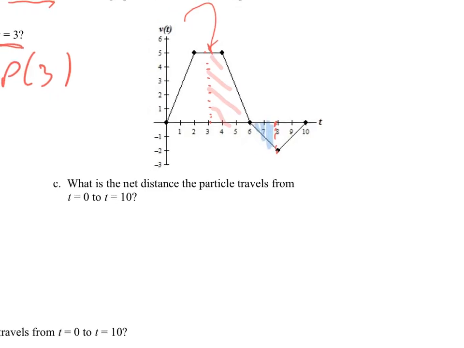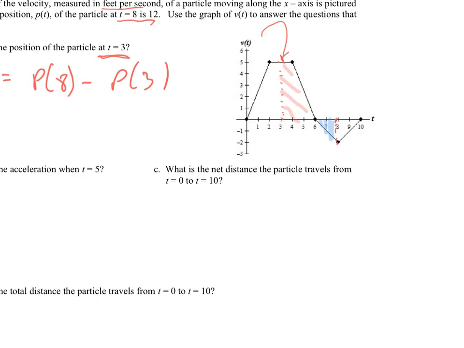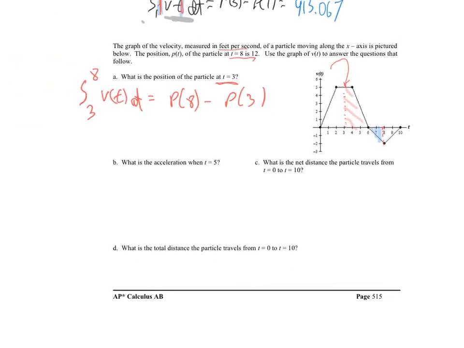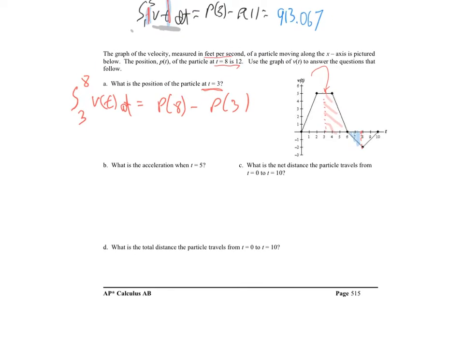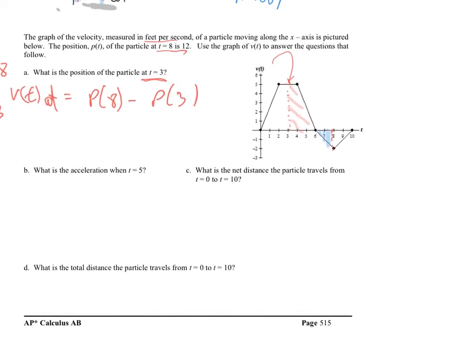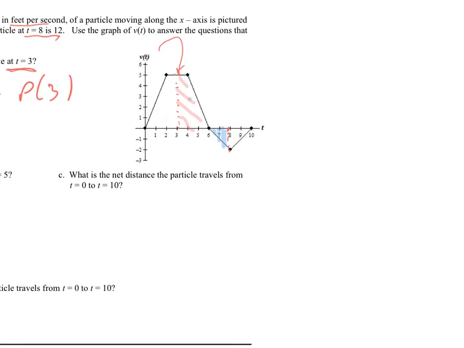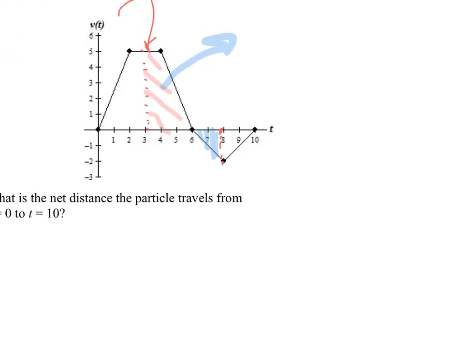And I did them in different colors because one's negative, one's positive. And it looks like a lot more positive than negative. So let's try to calculate this area right here. It is a trapezoid.